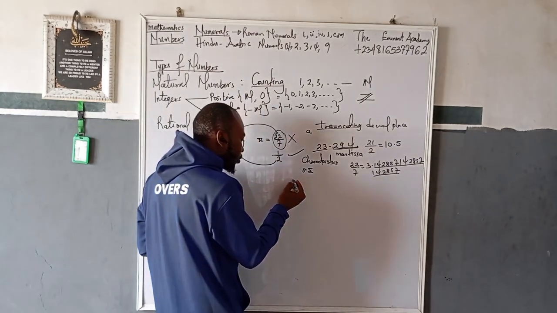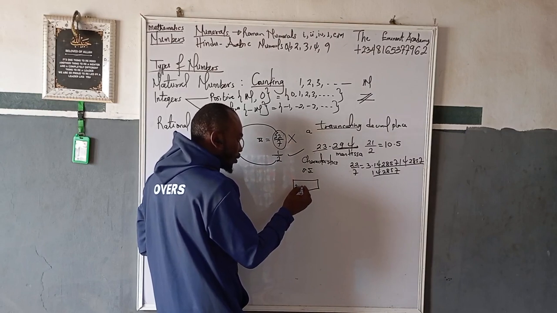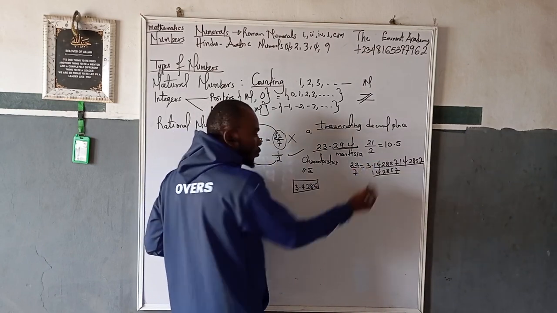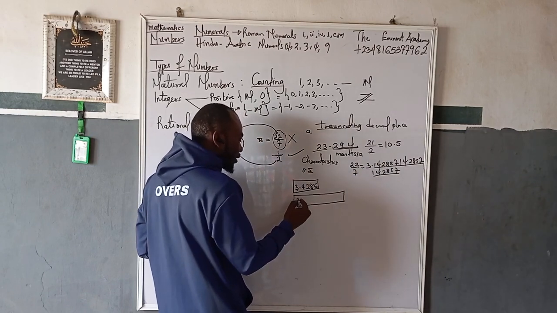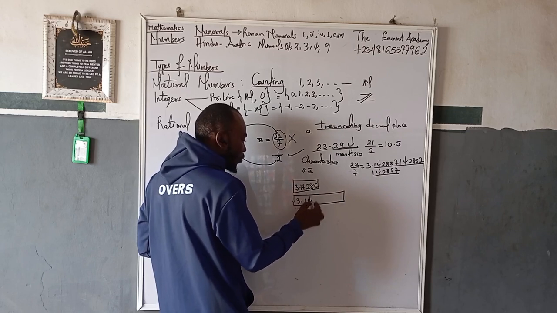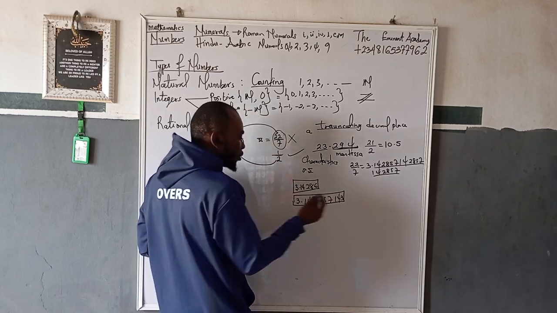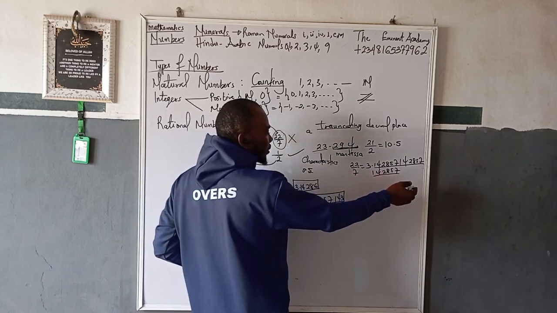If you have a calculator whose strength is not more than this, it can just be 3.14286, because it will approximate the 7 to 5. If you have a bigger one whose strength is as big as this, it can give us 3.142857143. So this one means that it doesn't have a terminating decimal place.